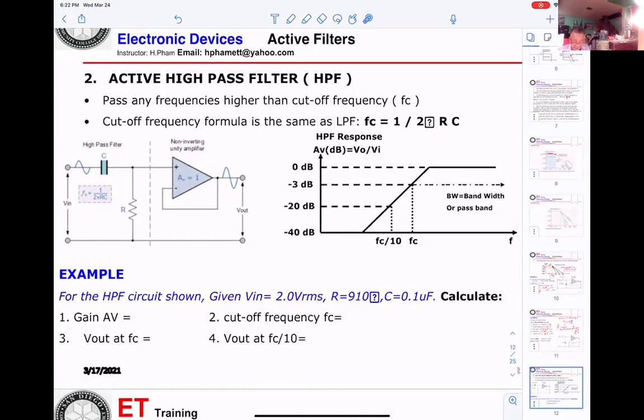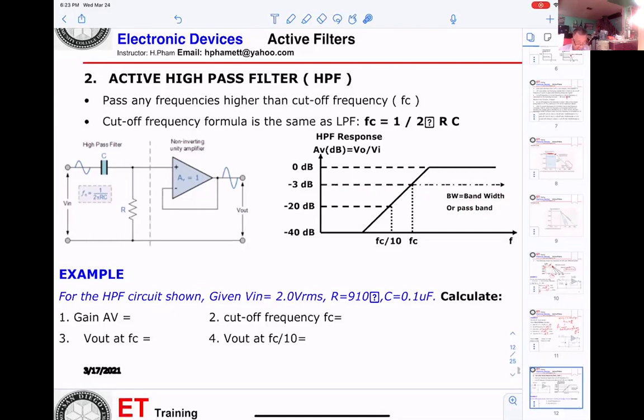Okay, and you can see in the output for the high pass filter, this is the cutoff. That means FC divided by 10. This is the FC right here, the cutoff frequency. Going to the right is the bandwidth or pass band. To the left, it will be reduced.